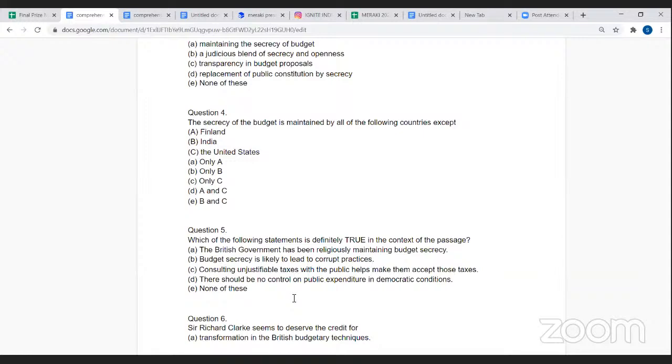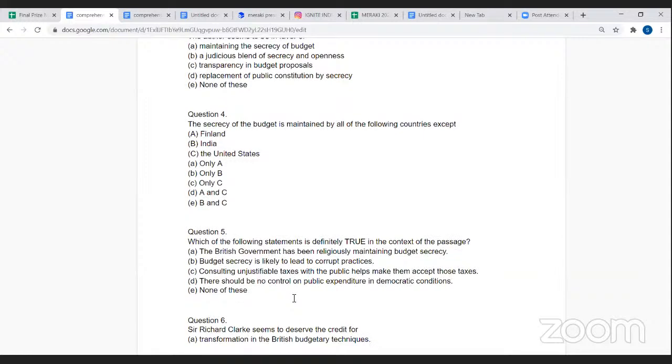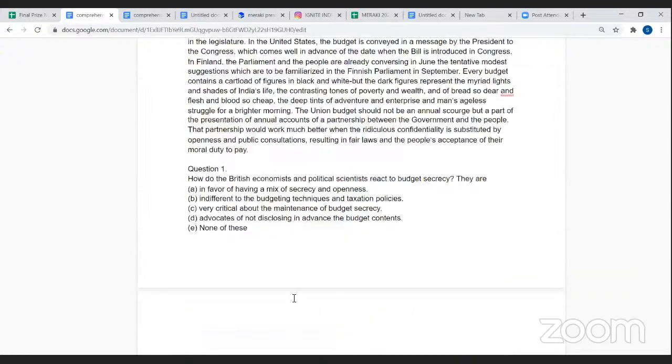D, budget secrecy is likely to lead to corrupt practices.